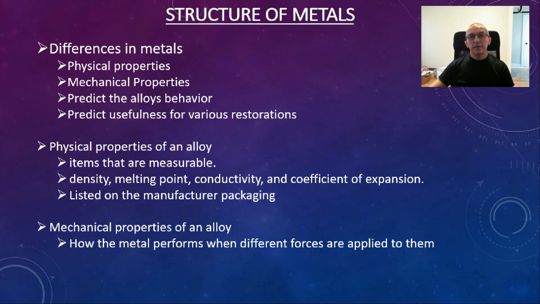Mechanical properties are the properties on how the metal performs. There are laboratories that test the mechanical properties of the metals. They have machinery that tests the hardness, the softness, the ductility, transparency, things like that.